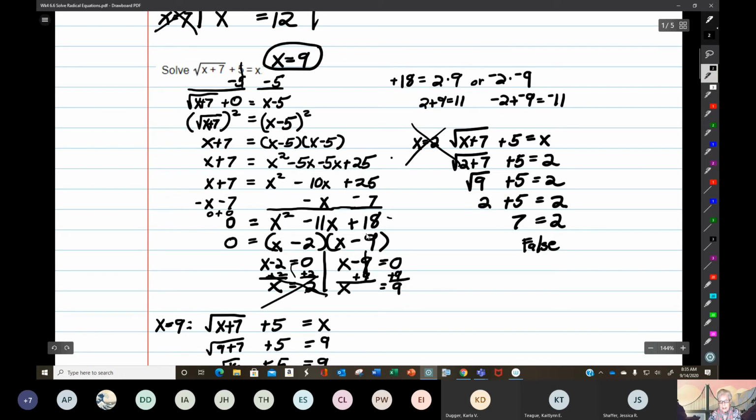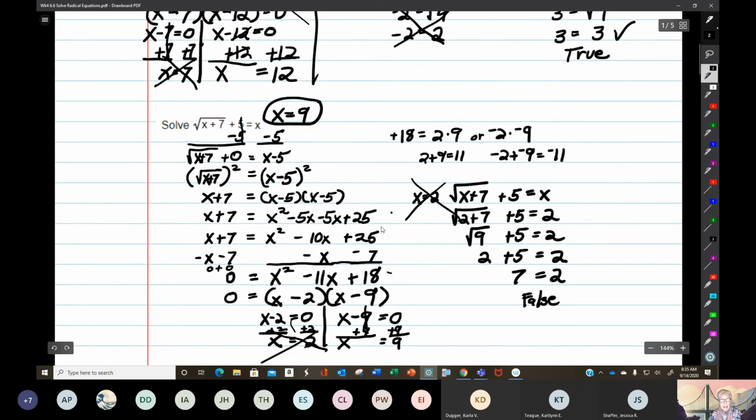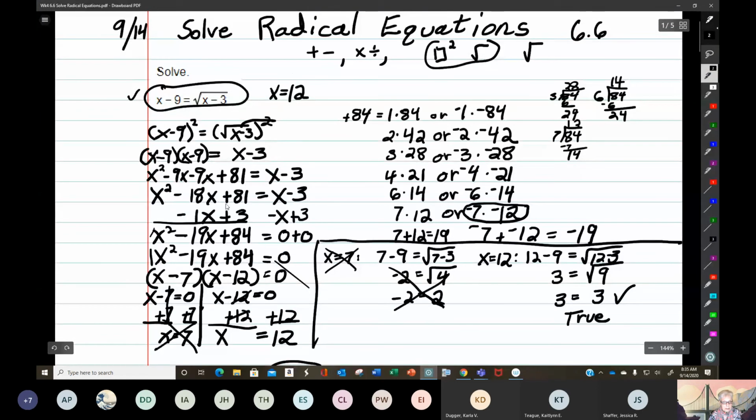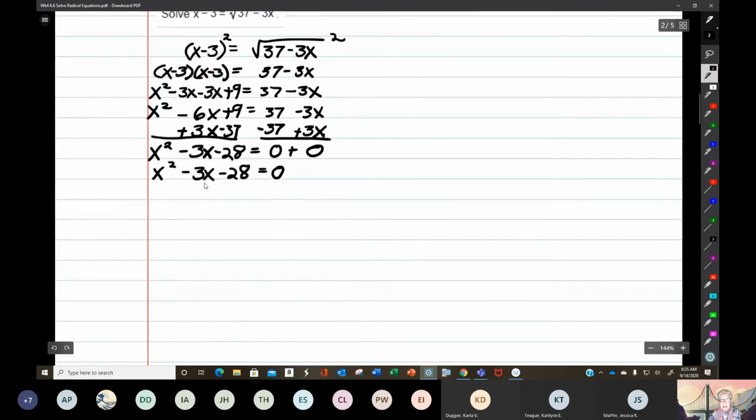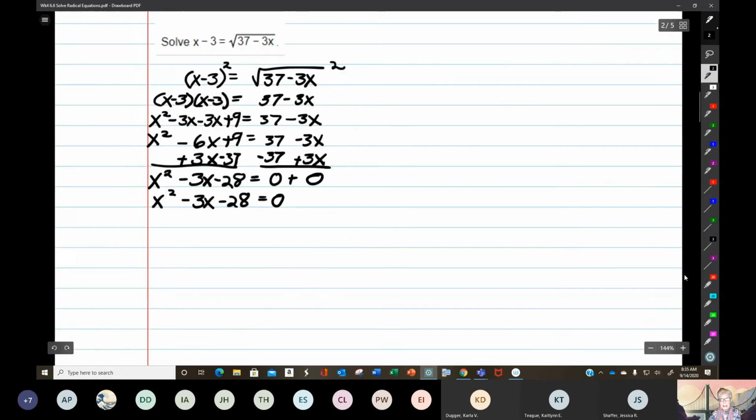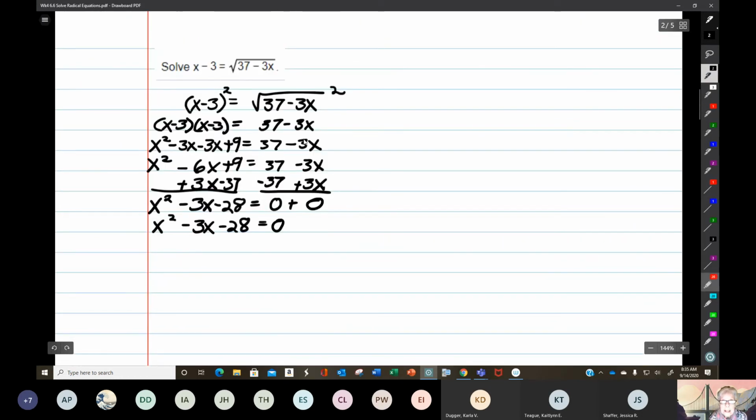For instance, 18 down here is positive and 84 is positive. But now we're going to have a negative constant, and I'm going to be factoring negative 28. So let's just look at plain old boring 28 for a minute.